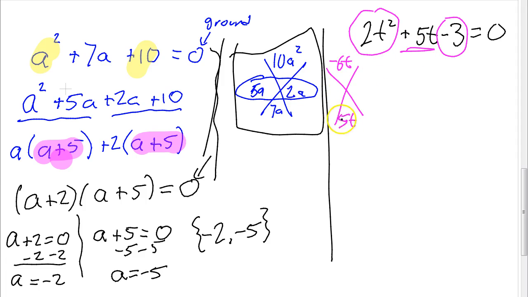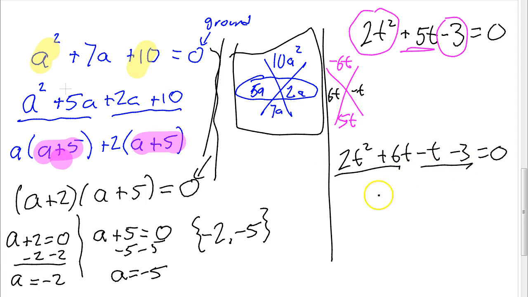So what multiplies to negative 6 and adds to 5? 6t and minus t multiply to negative 6 and add to 5. So now we've got 2t squared plus 6t minus t minus 3.